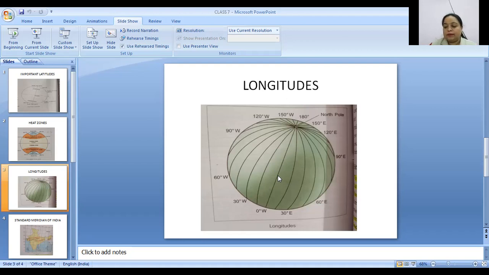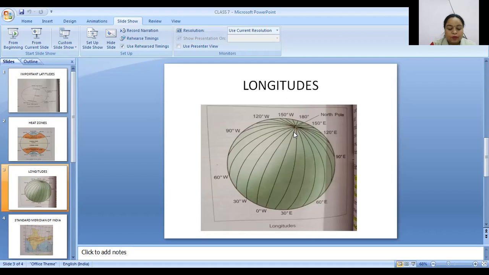The next important point: all meridians are of equal length. The length does not decrease. All are semicircles and the lengths are equal. The value of the prime meridian is 0 degree. What is a prime meridian? It is the standard meridian, or you can say a common line, measured at 0 degrees.